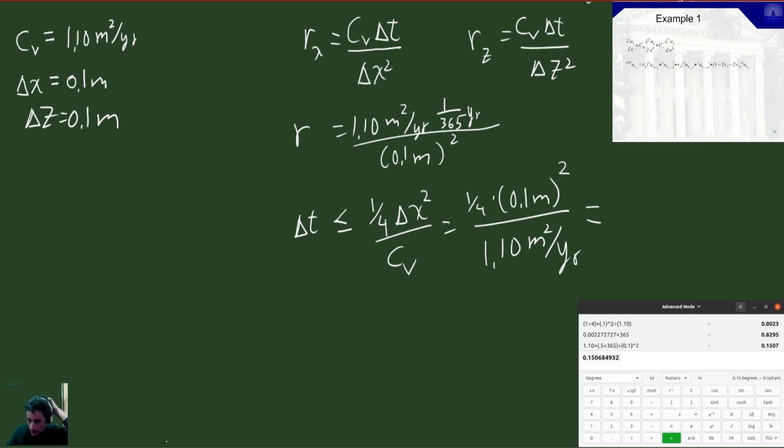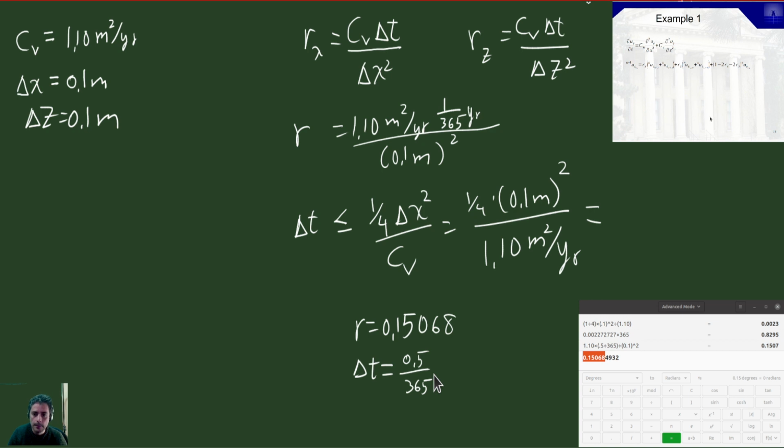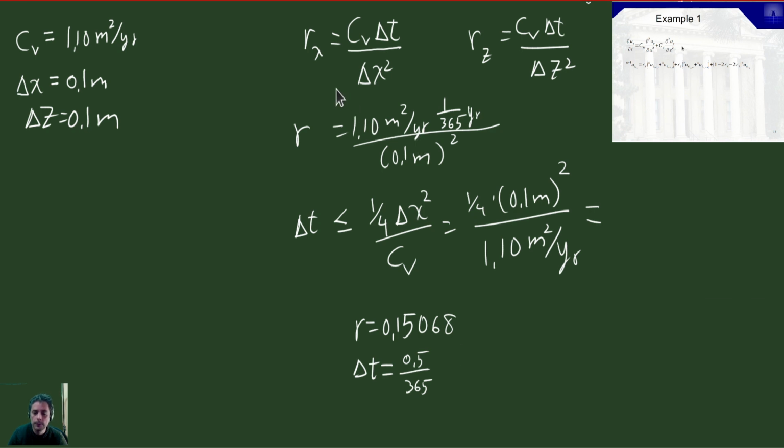So we now have an R value of 0.15068 for delta t equals 12 hours.